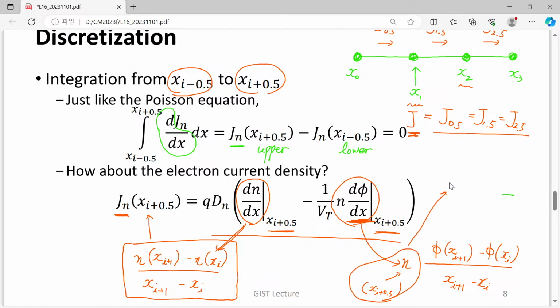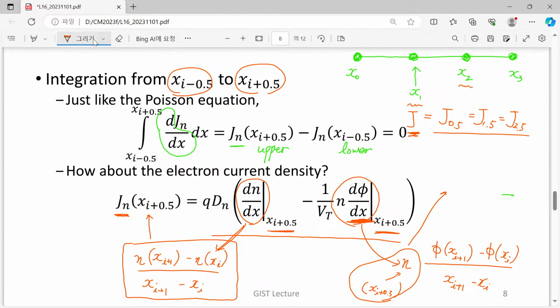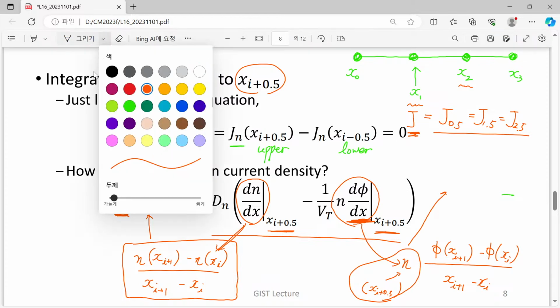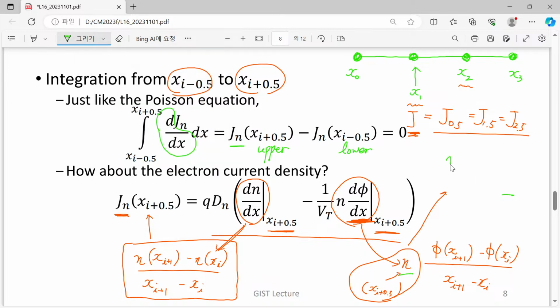Unfortunately, we don't have this expression or this quantity. And electron density, we know electron density evaluated at upper point 2. We know it because a node is assigned, and we know xi.